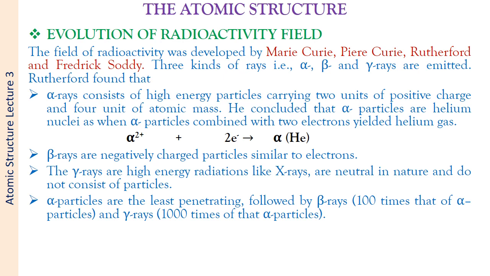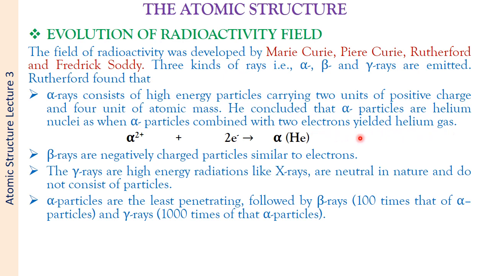So then after the discovery of the alpha, beta and the gamma rays, further study was done about the nature of these rays by Rutherford, and he found that the alpha rays consist of high energy particles carrying 2 units of positive charge and 4 units of atomic mass. And he concluded that the alpha particles are nothing but helium nuclei, as when the alpha particles combined with 2 electrons, they yielded the helium gas.